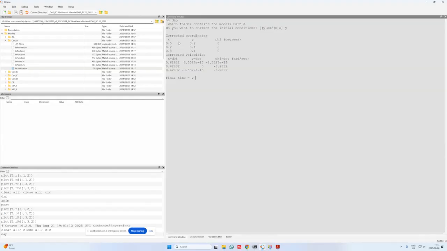And if I do this, I can see that my X and Y coordinates as well as the phi angle or orientation of the bodies match what I gave as input under the bodies input file. However, if I look at X dot, we can see that these values are no longer 0. Remember that I didn't specify an initial velocity on each of these bodies.